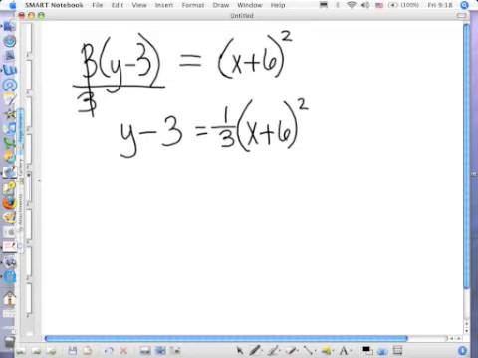And so now this is what we look like. And I want y by itself. So what am I going to do now? I'm going to add 3 to both sides. Now, does that mean I add it here to the 6? No. That's like a big old group. I'm just going to add it on the back.